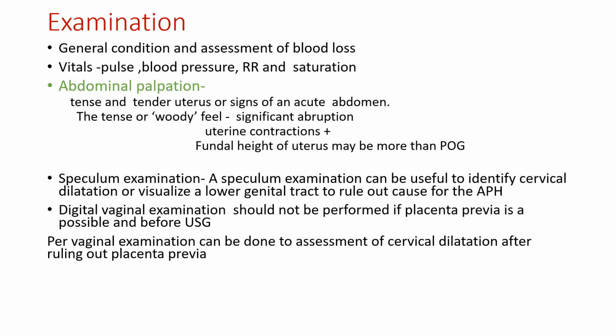So one thing you have to remember is that you should not go for PV examination if the location of placenta is not known. First you have to rule out placenta previa, then go for digital examination, but a gentle speculum examination can be done.